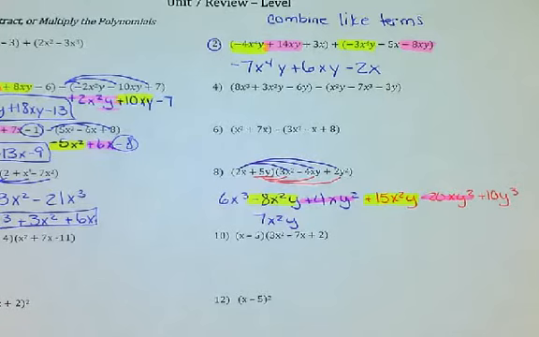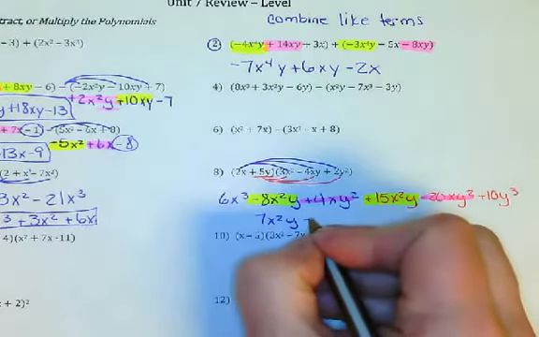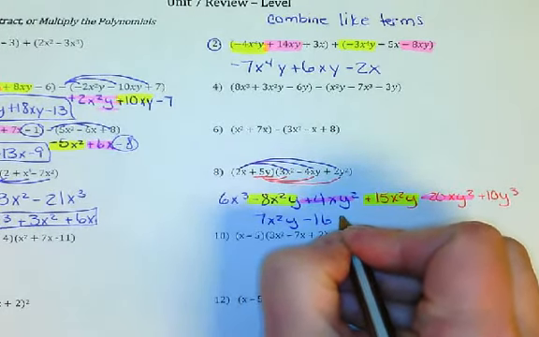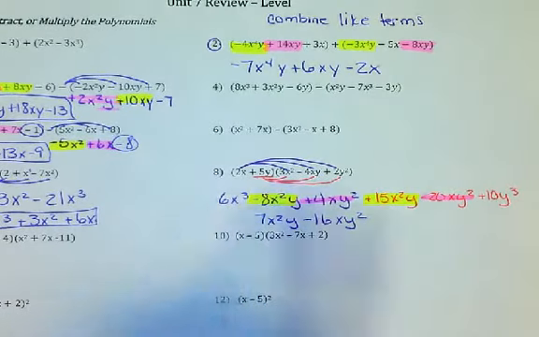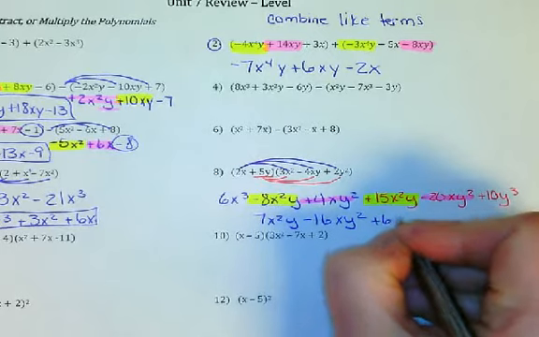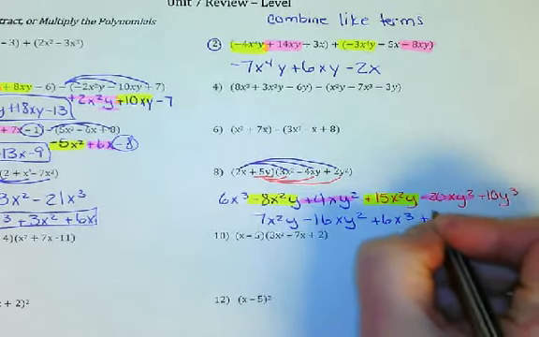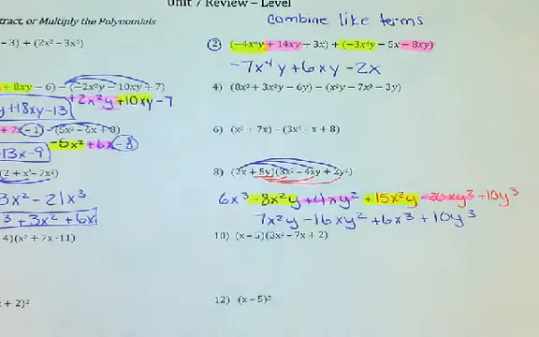That's a negative 20 and a positive 6. So that gives me negative 16xy squared. And then these won't combine because that's an x and that's a y. So I'm just going to rewrite them. So plus 6x cubed plus 10y cubed.